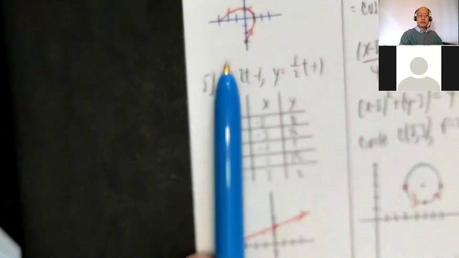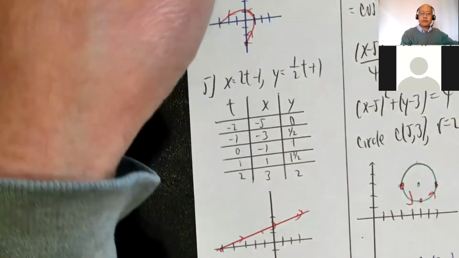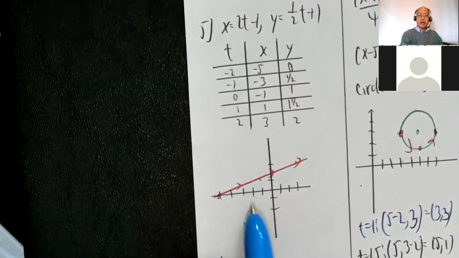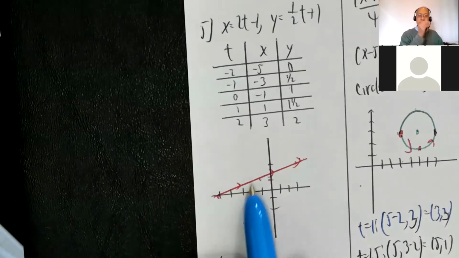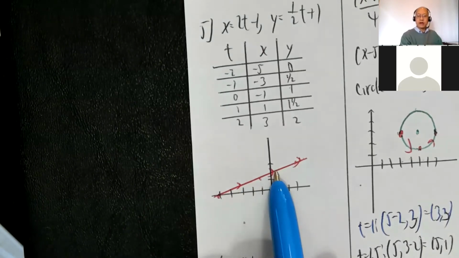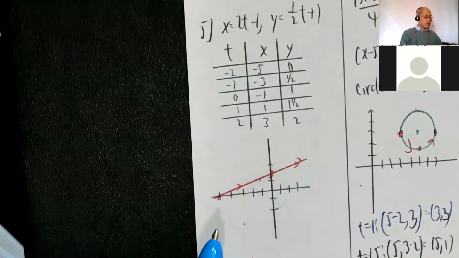And then I just graph this. Right? Really no big deal. (-5, 0), (-3, 1/2), (-1, 1), (1, 1.5), (3, 2). Arrows going this way. Looks like a straight line.